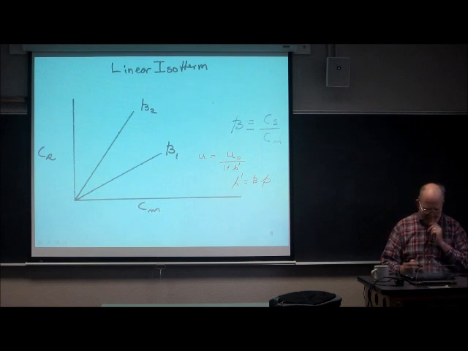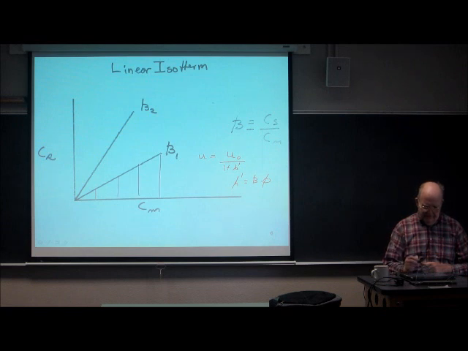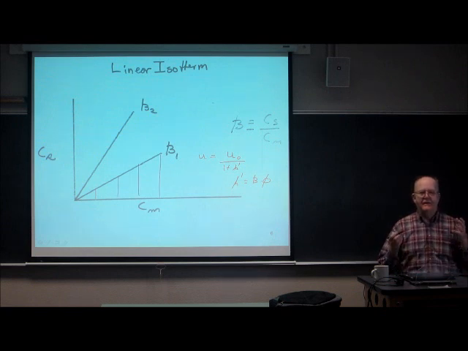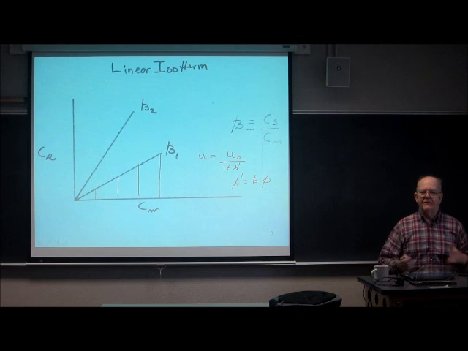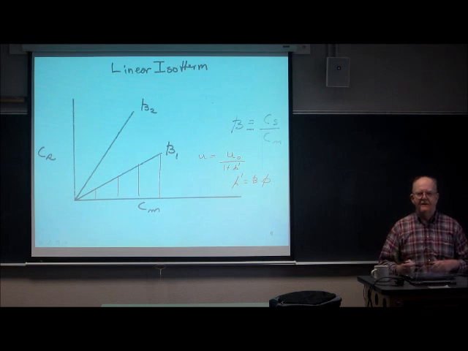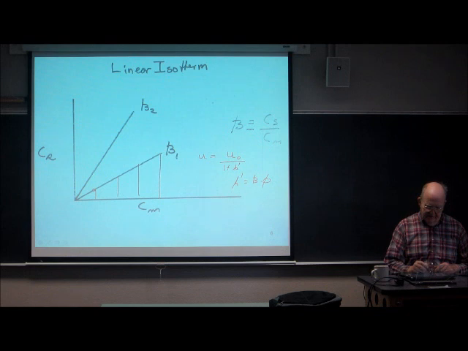Now, it doesn't matter if I inject this much, this much, this much, or that much. The slope is the same everywhere because it's a linear plot. So the beta is the same everywhere. So the velocity of the zone is the same here, here, here, and here.